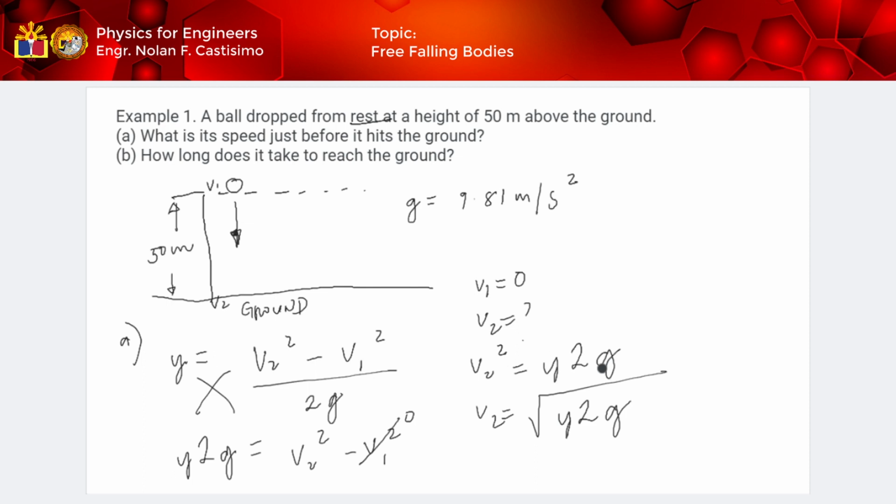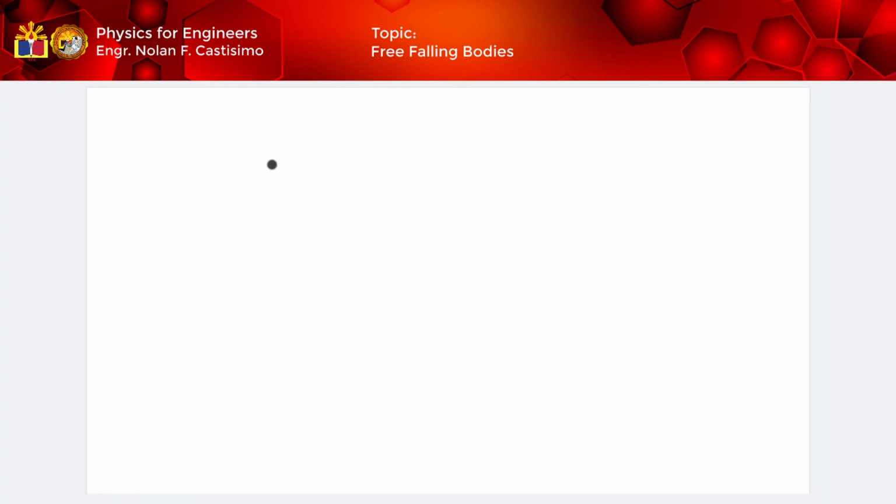So, substituting the values of the variables, so rewrite ko lang, v2 is equivalent to square root of y2g. So, we have v2 is equivalent to square root of, ano yung value ni y natin? 50 meters.